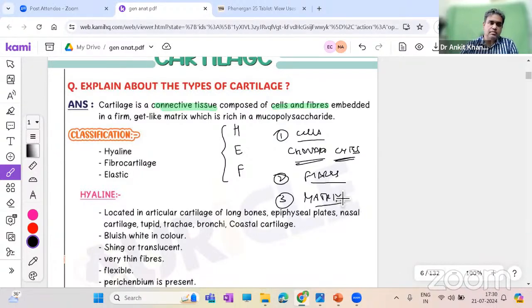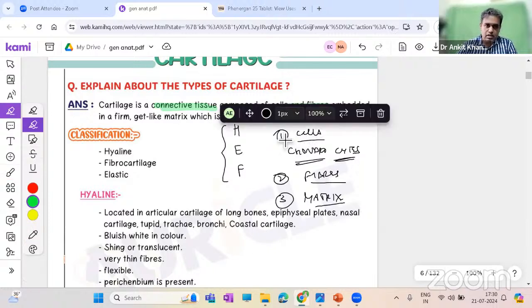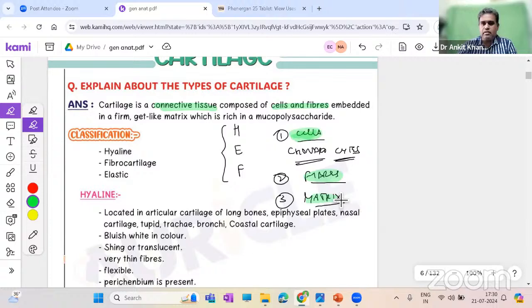So basically, the cartilages are made up of these three things: we will have cells, we will have fibers, and we will have matrix. So cartilage is composed of cells and fibers embedded in a matrix, which is basically your mucopolysaccharide. Classification, as I told you, is three: hyaline, elastic, and fibrocartilage.